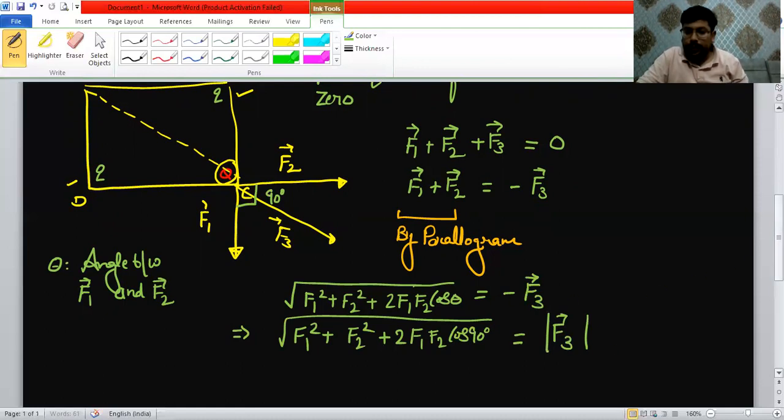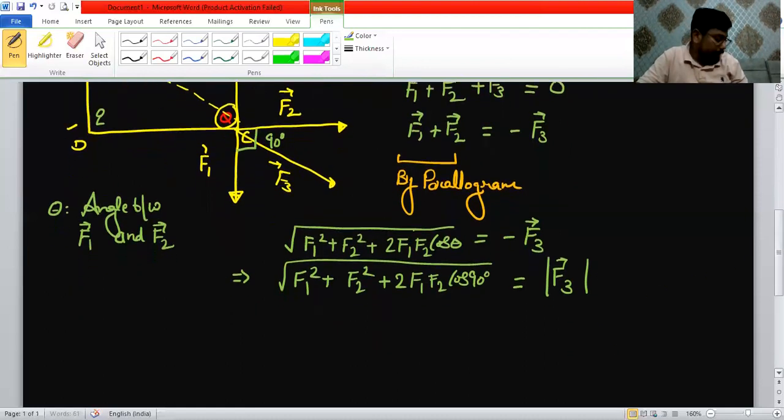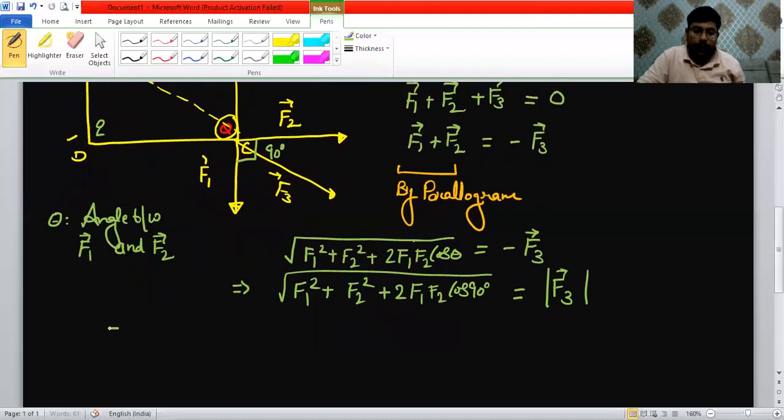These are opposite, but we can equate their magnitudes. Putting cos 90 degrees as 0, we get under root F1 square plus F2 square is equal to the magnitude of F3 vector.